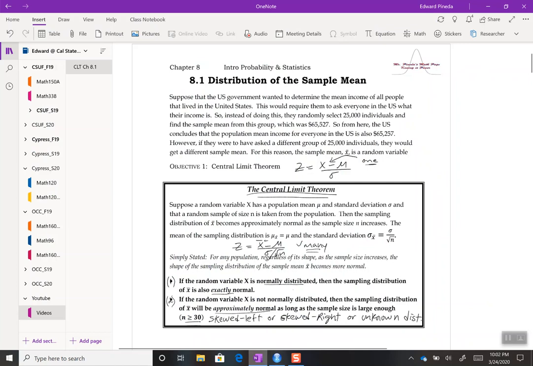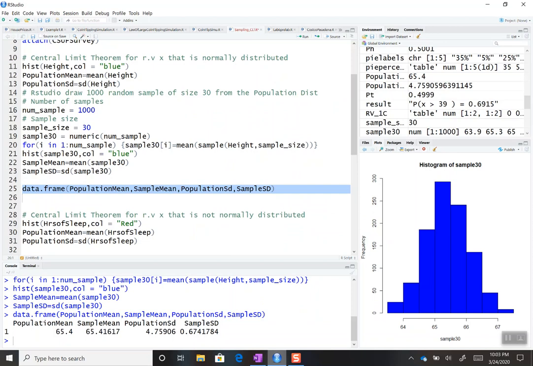However, when you take the sample standard deviation and divide by the samples you're taking, the standard deviation gets smaller. That pushes the graph from the outside to the inside, making it more normally distributed. So the standard deviation is getting smaller, whereas the mean equals the mean.